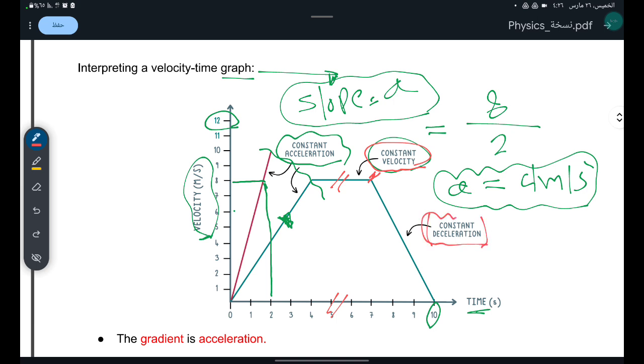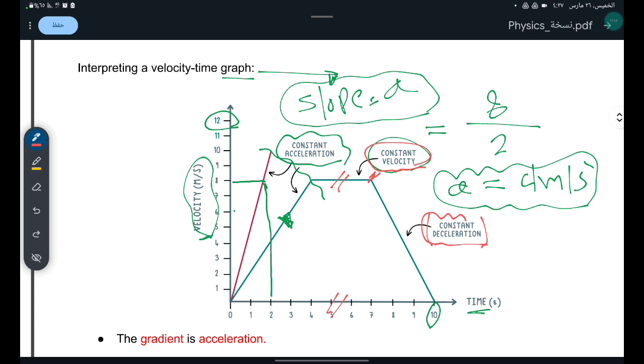What is the definition of constant deceleration? Constant deceleration happens when the speed is decreasing over the time, or the velocity is decreasing over the time.